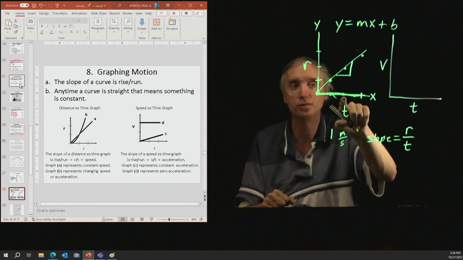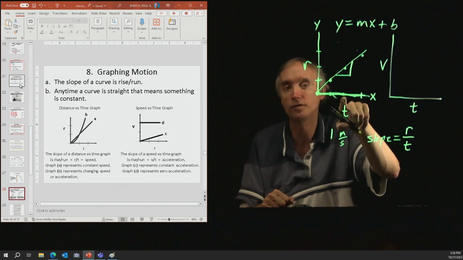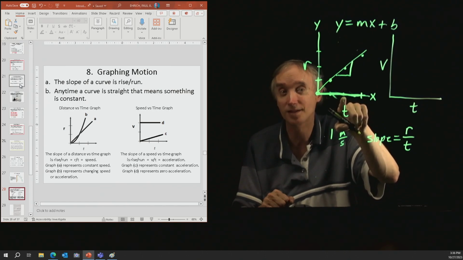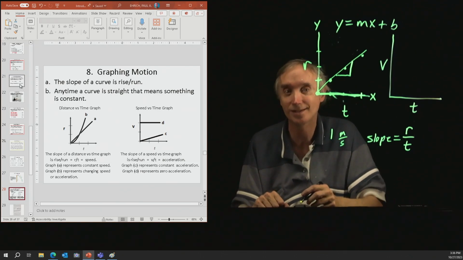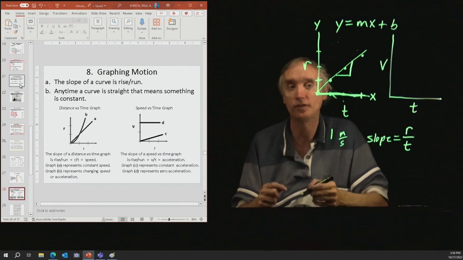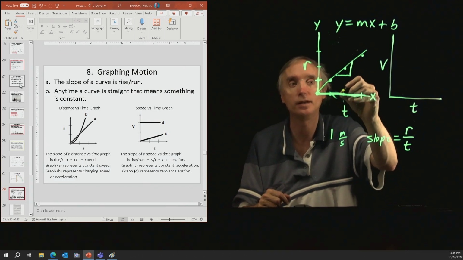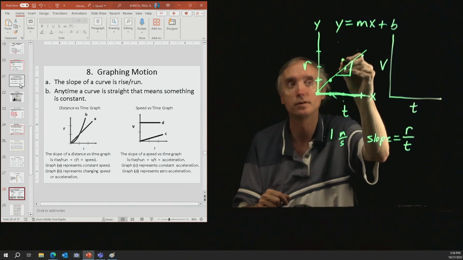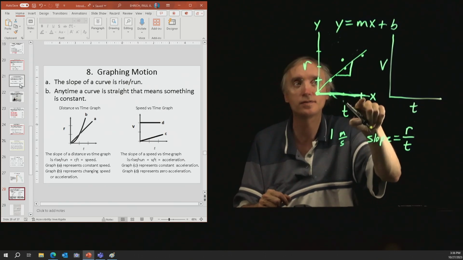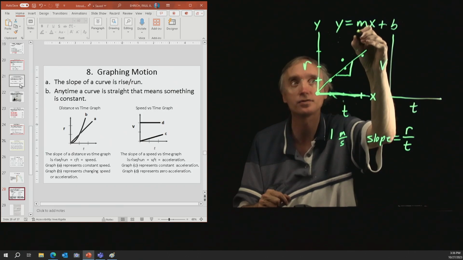At the end of 2 seconds, it will have gone further because it has a faster speed. Acceleration changes your speed. Speed changes your distance. So if it's going faster, then it's now going to be maybe up here. And then at the end of 3 seconds, it's going to be going even faster.